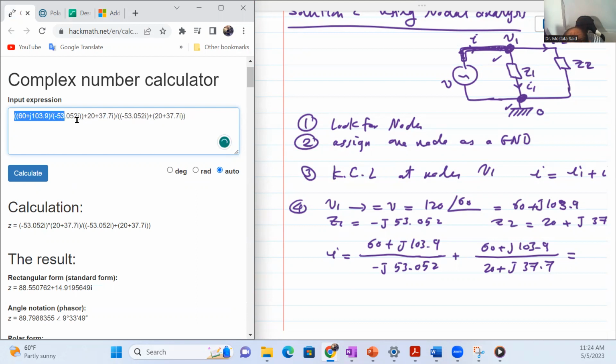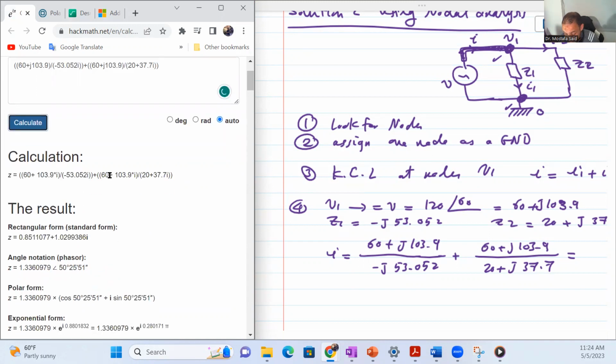Then we can have this again, and of course we're going to change the numerator. So the numerator now becomes this, from before. This is Z2, and we remove one of that. So yes, and we press calculate. That's it, my friend. Here it is, the answer in rectangular form and polar form.